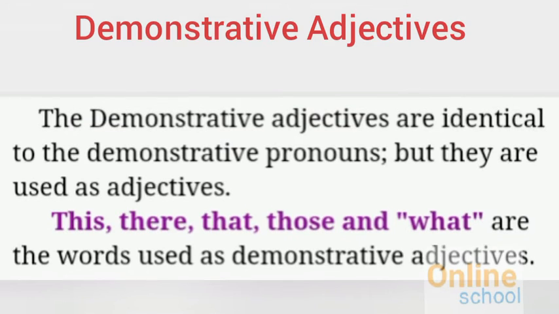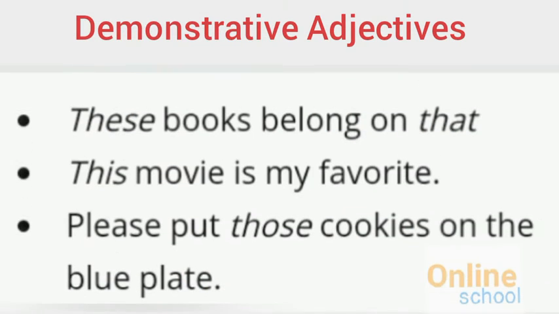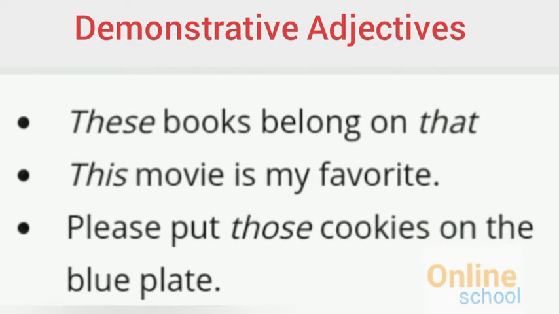This, these, that, those, and what are the words used as demonstrative adjectives. Examples are: these books belong on that shelf. This movie is my favorite. Please put those cookies on the blue plate.